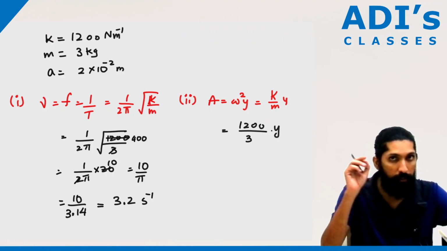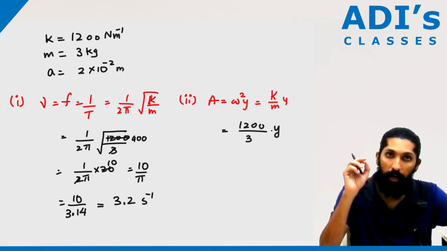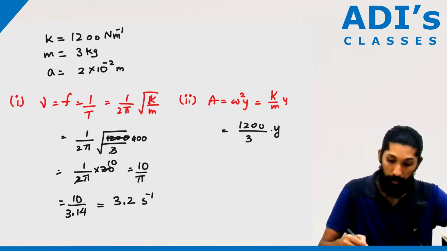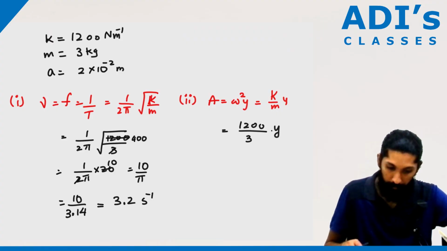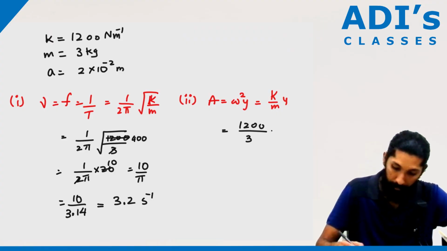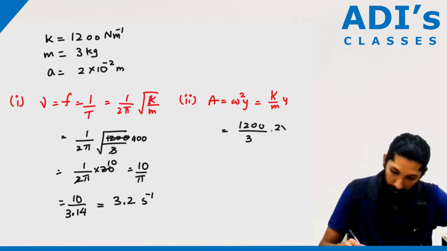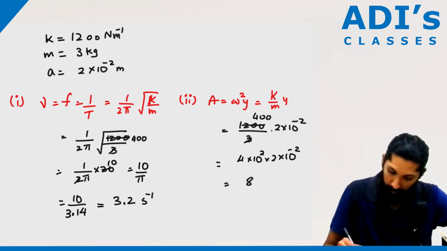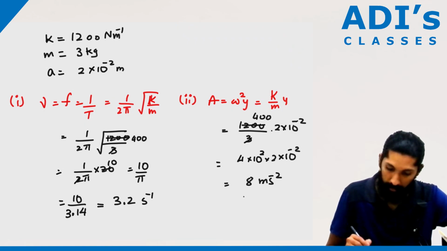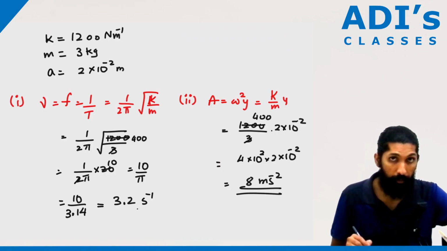Now maximum displacement is basically the amplitude, so y becomes the amplitude, which is 2 into 10 to the power minus 2. So 400, 4 into 10 power 2 into 2 into 10 power minus 2. The answer is 8 meter per second square. This is the value for the acceleration at the maximum amplitude.